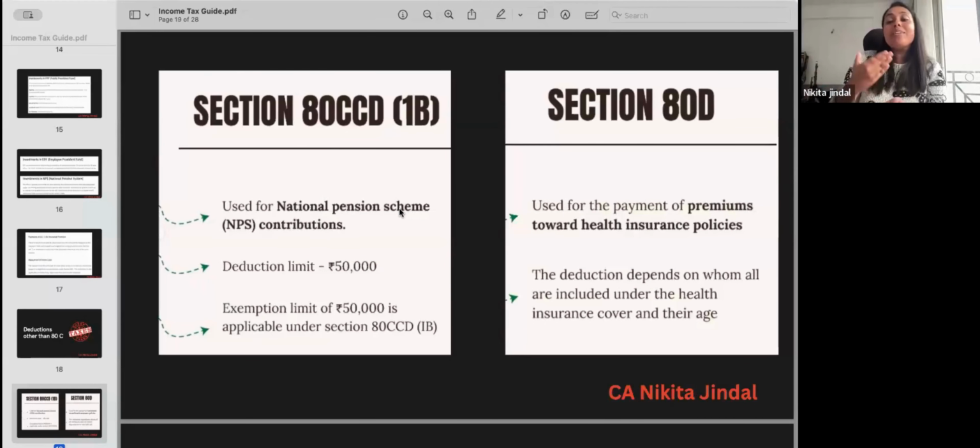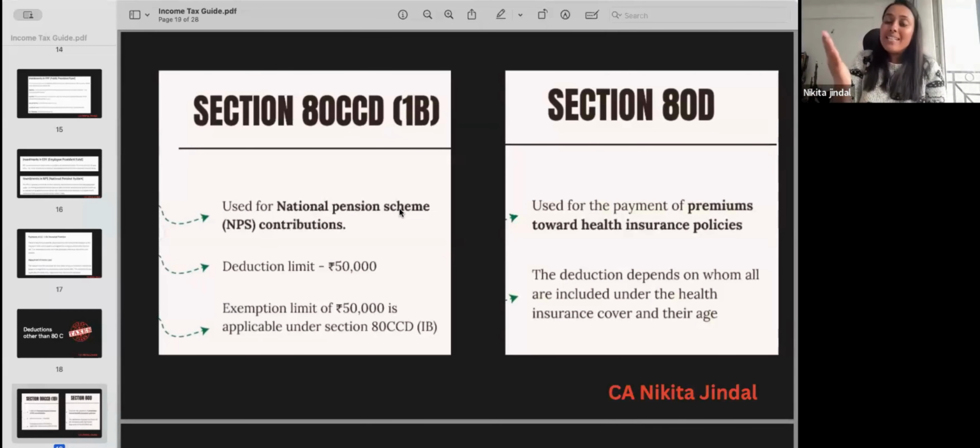And if you are above 60 years, you can claim up to 50,000. And the best part is you can claim for yourself as well as your dependent parents. If your parents' age is less than 60 years, you can consider 25,000. And if your parents' age is more than 60 years, you can consider 50,000.